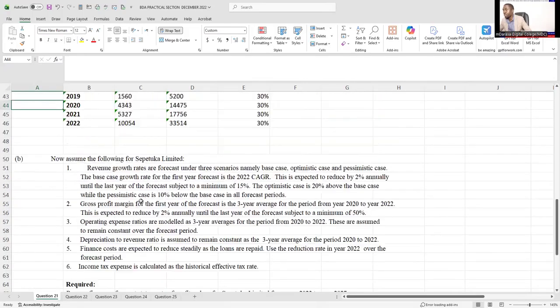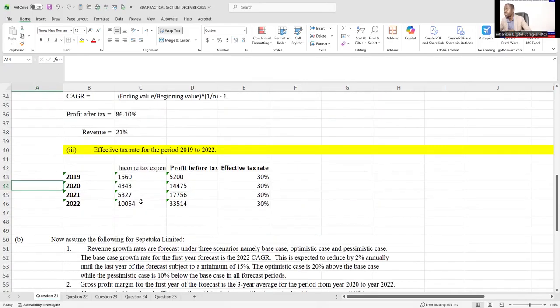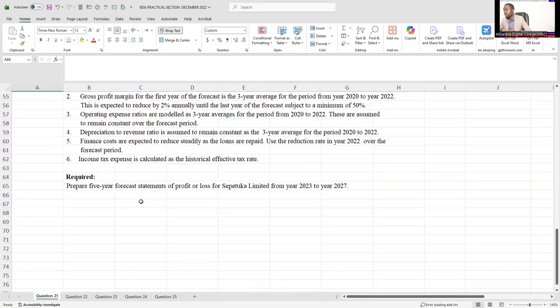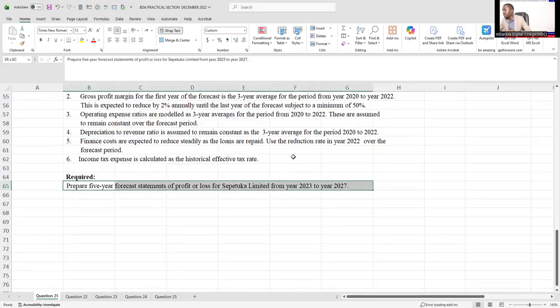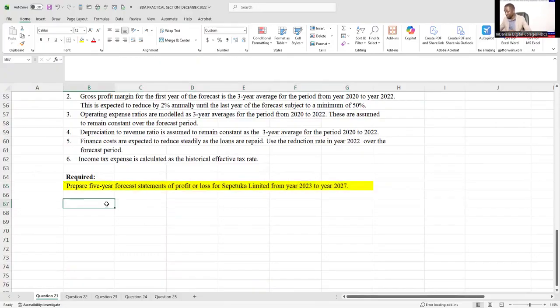So in this context, we are asked to prepare a 5 years forecast statement of profit or loss for Sepetuka Limited from year 2023 to year 2027. Just to enjoy the power of AI in Excel, how do you go about it? This is very simple.